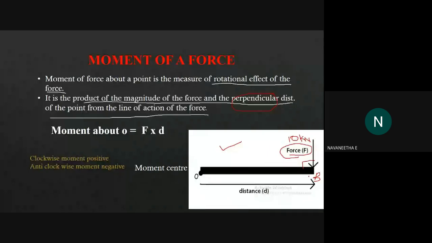The beam OB that we have taken is d. So we can simply write the equation to find the moment about O equal to F into d, that is, magnitude of force F into the perpendicular distance between the moment center and the applied force, that is small d. Here we are taking small d. Is it clear?